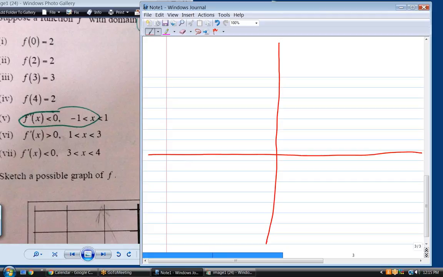All right, let's see. If the first derivative, let me label some points here. I'm just going to take it one piece of information at a time. Okay, let's start with that one. If it's less than 0 between those 2 points, what is the original function doing?